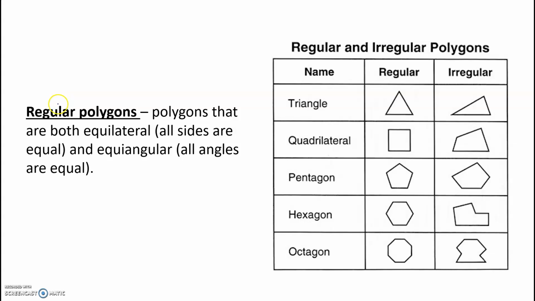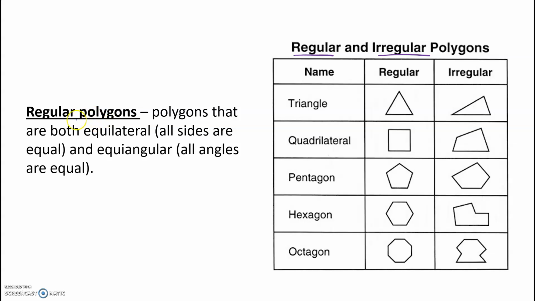So you can also classify polygons as regular or irregular. Regular are usually the shapes that you have in mind. Like when I say triangle, a lot of people will draw a regular, equilateral, equiangular triangle.